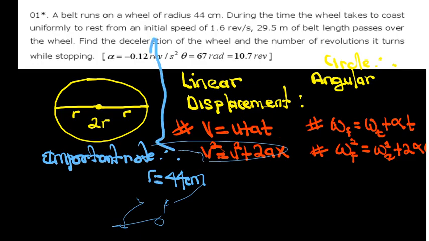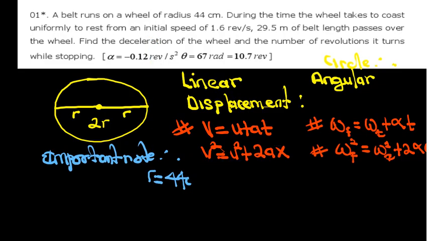Uniformly to rest from, so these are centimeters, let's not forget that. And then we're saying that during the time the wheel takes to coast uniformly to rest, meaning that the final angular velocity is going to be equal to 0.